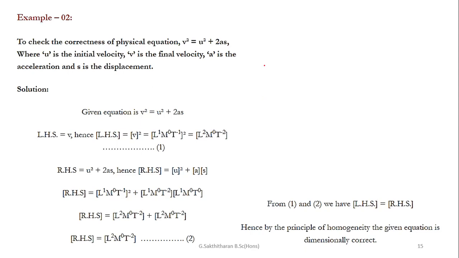So first we write the dimension of v squared equal to the dimensions of u squared plus the dimensions of as, because 2 is a number, and numbers don't have dimensions.